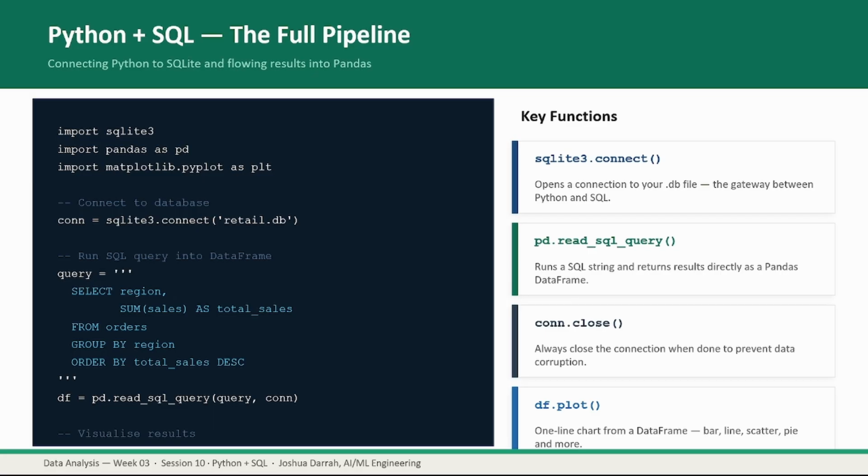Now, before we write any code, let me explain why this combination is so powerful. Here's the simple version. SQL is amazing at one thing, that is getting the right data from a database. It's fast, it's efficient, and it lets you filter, aggregate, and join data before it ever leaves the database. But SQL is not great at complex analysis. It's not great at statistical tests.